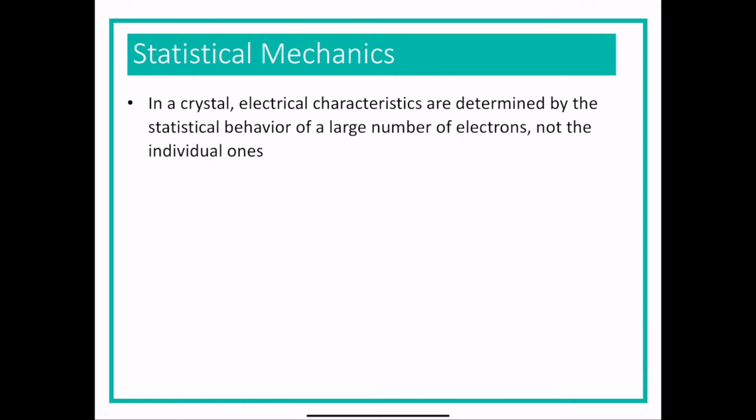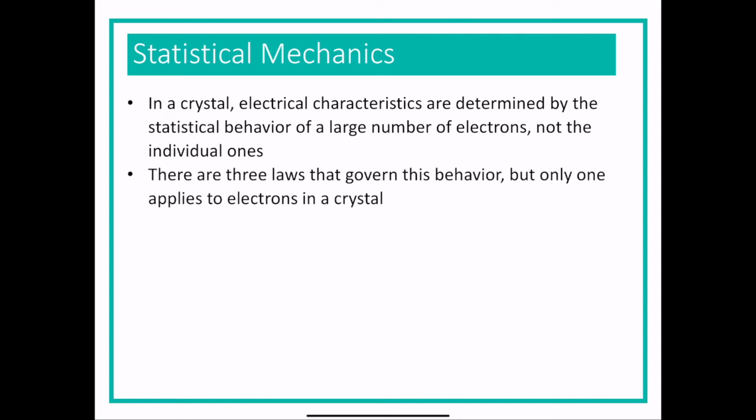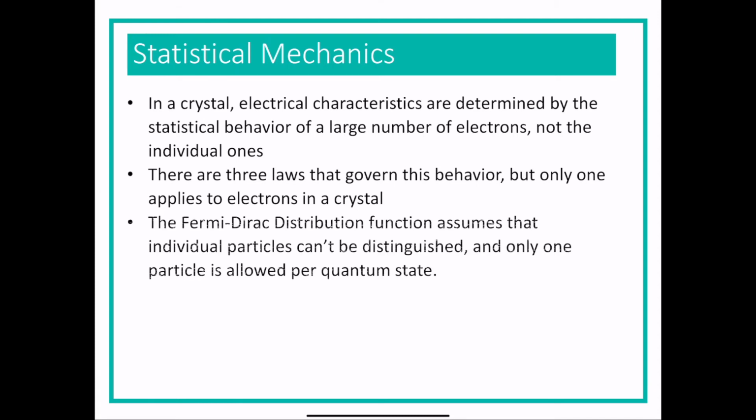So what we use is basically, there are 3 different ways you could determine this, but only one of them really works, so I'm not even going to mention the other 2. But there's 3 laws that govern large numbers of electrons that have come up over the years. But the one that we use is something known as the Fermi-Dirac distribution function.